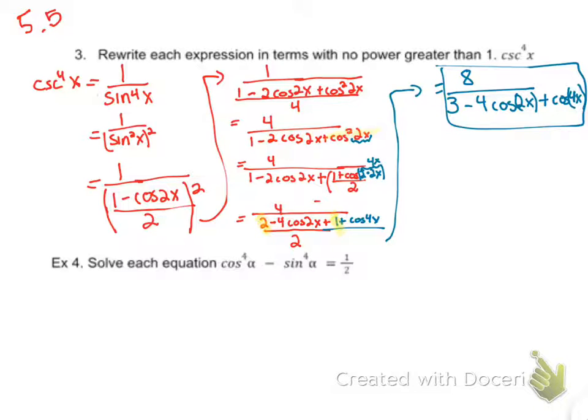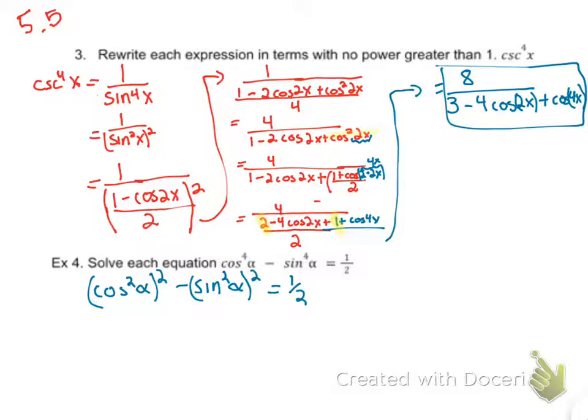I began, since we just learned about power reducing formulas, to use those power reducing formulas. So I rewrote my original equation so I could have them in terms of squares. So I have cosine squared alpha squared minus sine squared alpha squared equals 1/2.